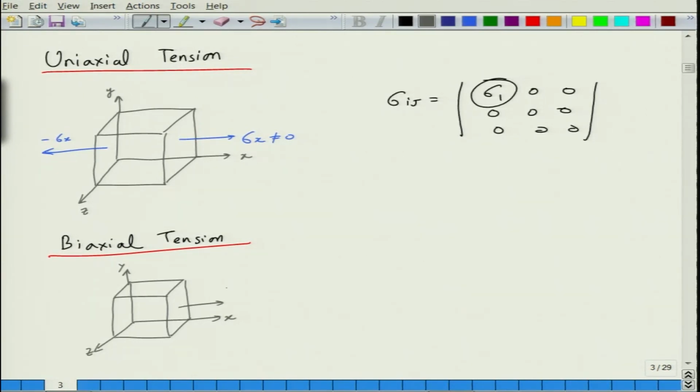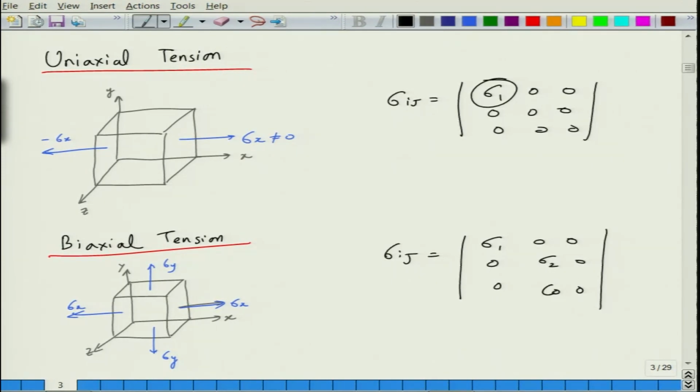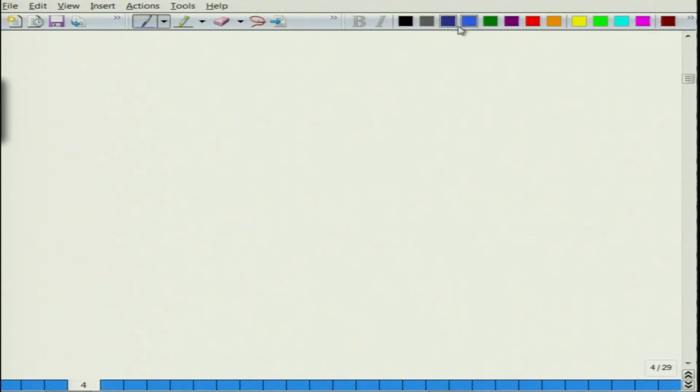So, you have sigma x, sigma x, sigma y, sigma y, sigma z is equal to 0. So, in terms of principal stresses you can write this as sigma ij is equal to sigma 1 0 0, 0 sigma 2 0 0 0. So, this will be the stress tensor for biaxial tension.